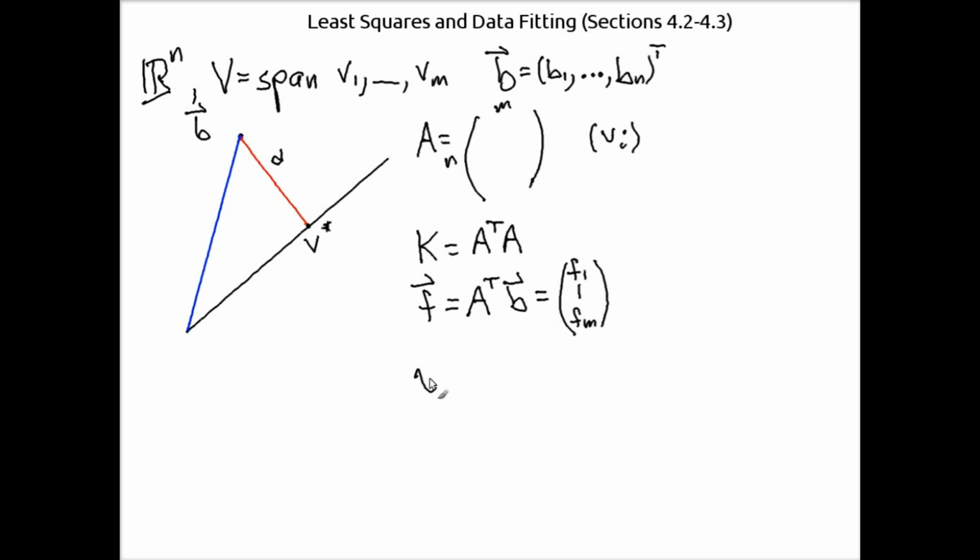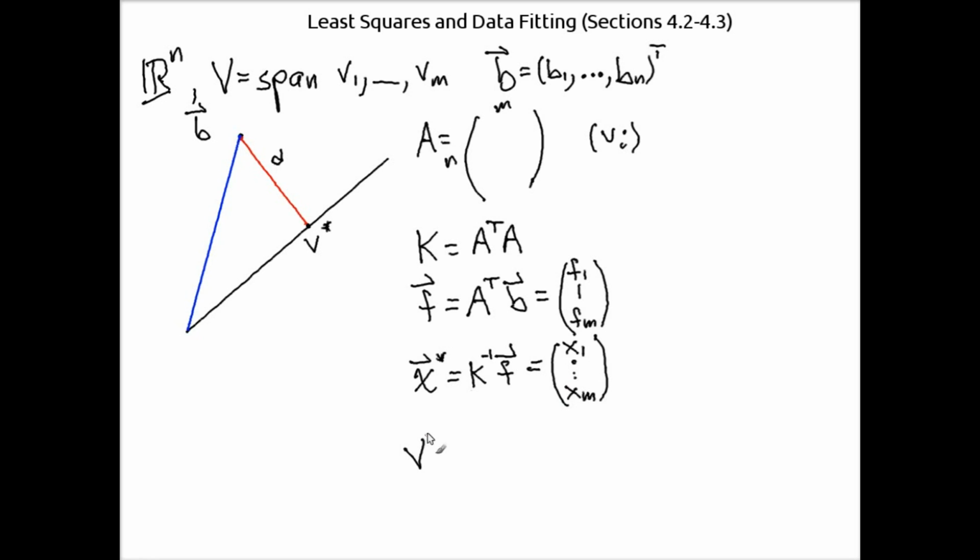And I also defined the vector x star, which was equal to K inverse applied to F, and this is an m vector, x1 through xm.